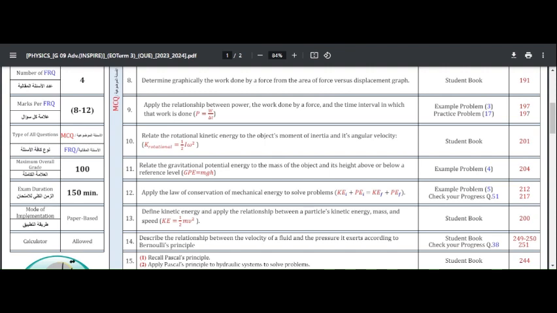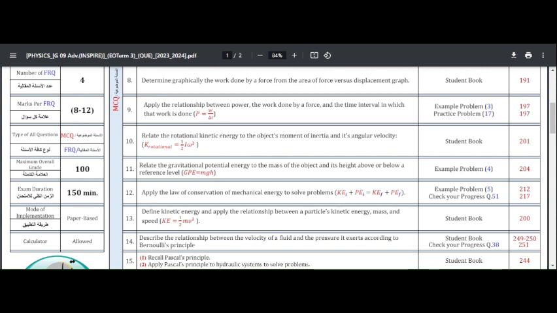Maybe they are asking only for the work done from a particular position to another particular position. So you have to find the area only from that position to the other position. Okay, so that's one kind of question they could ask.